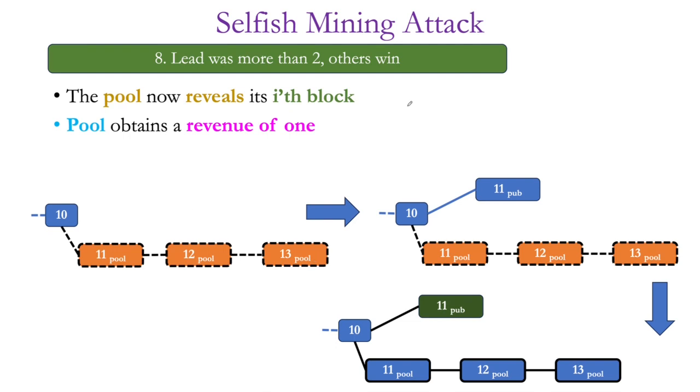The revenue of the honest miners will be computed based on this probabilistic transition, and in different cases it is computed based on the profit, which is multiplied by some ratio of 1 minus alpha.